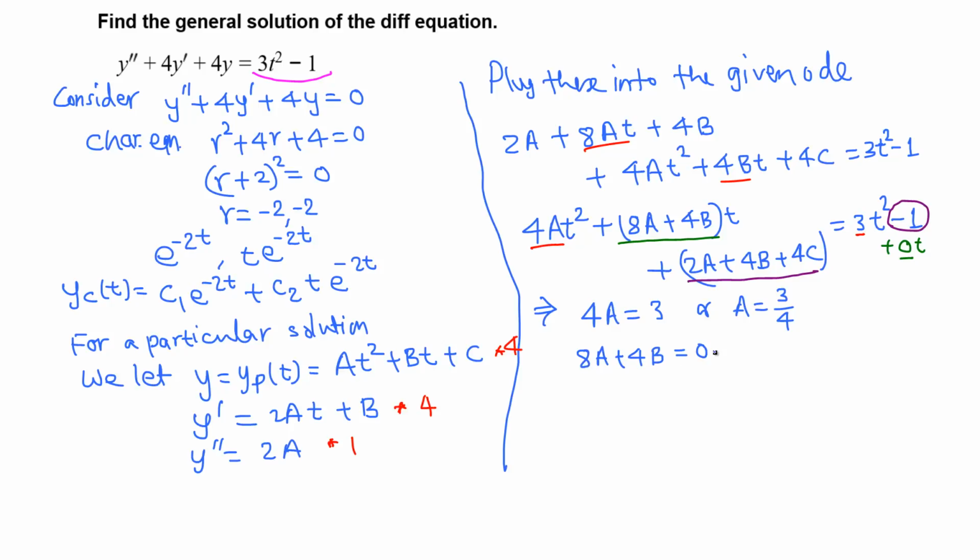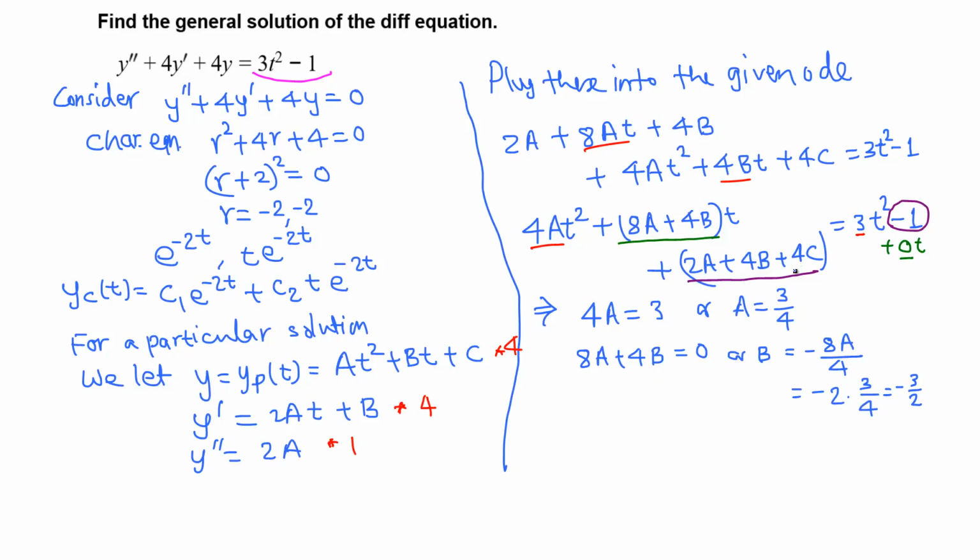Move 8A over and divide by 4, so B equals negative 8A divided by 4, that means negative 2A. A happens to be 3/4, so negative 3/2. That's B, by the way.